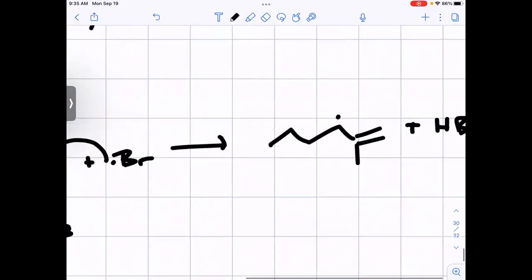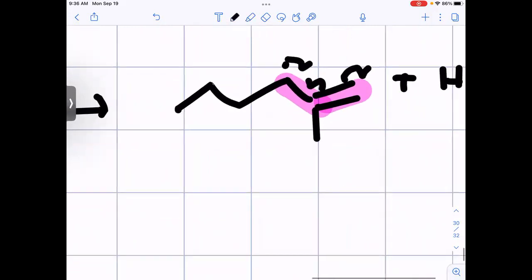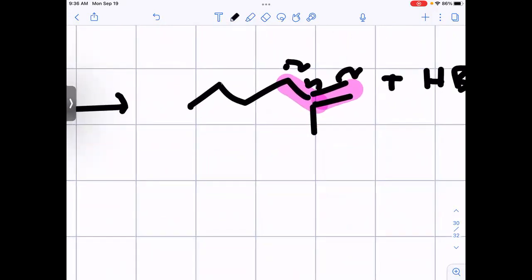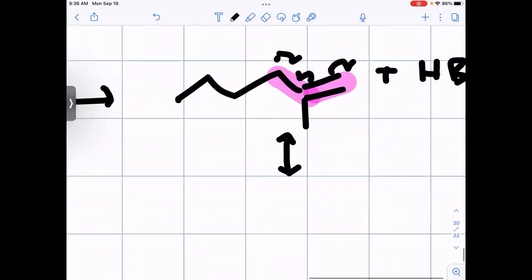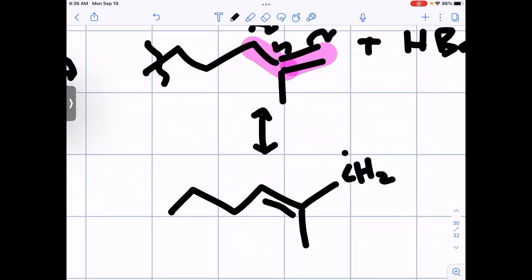Now, what about this one? What do I do? Here's the pattern. Doesn't change. It's an allylic radical. I'll do the same thing here that I did up top. That electron flow does not change. So now the double bond is going to be here, and then this is CH2 with a radical.